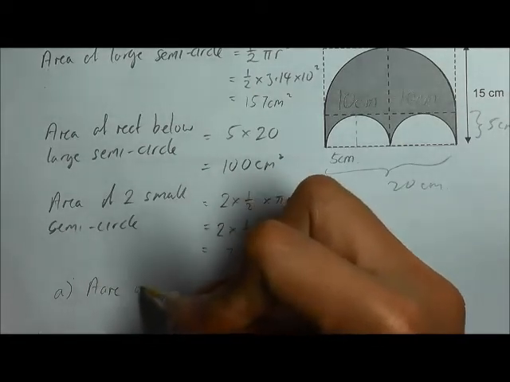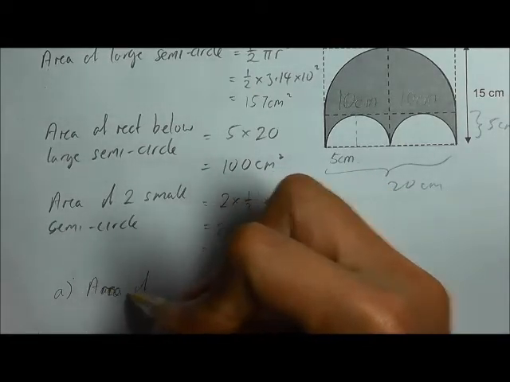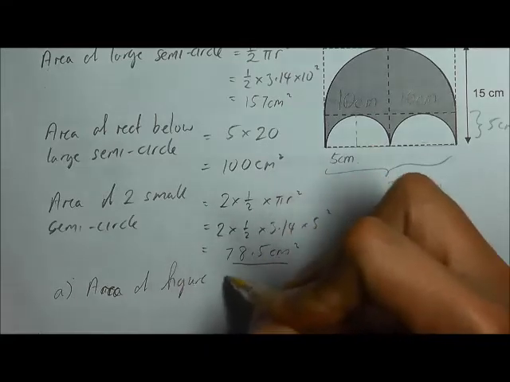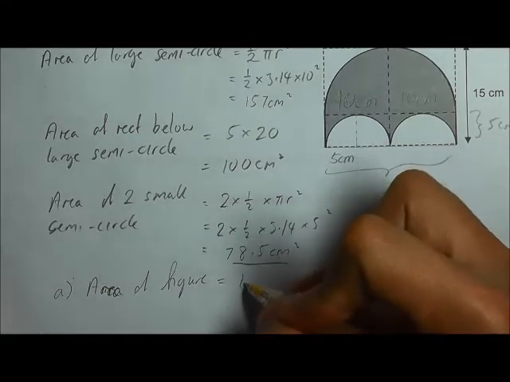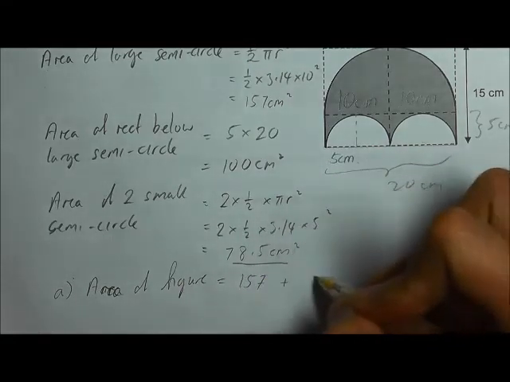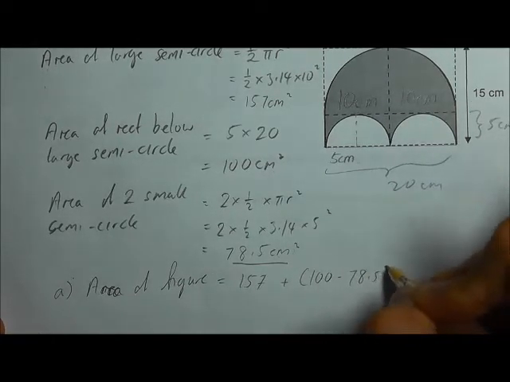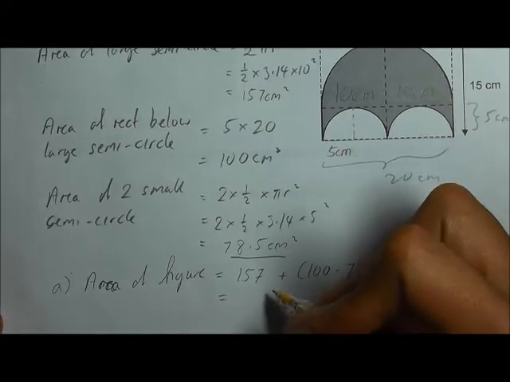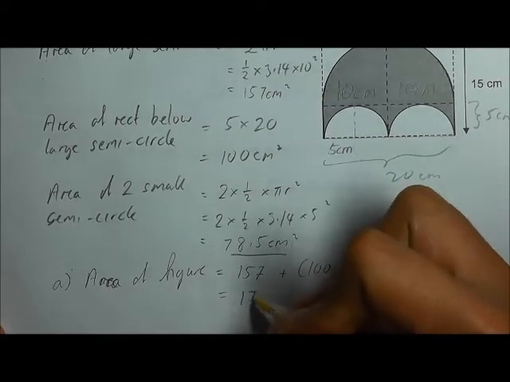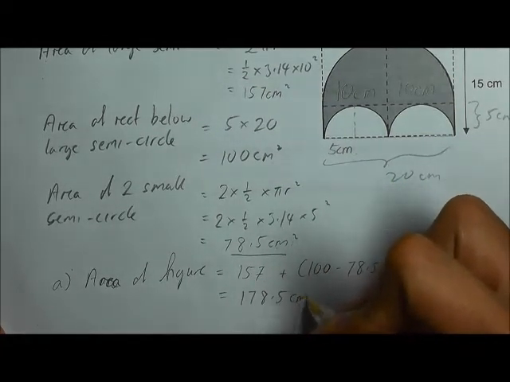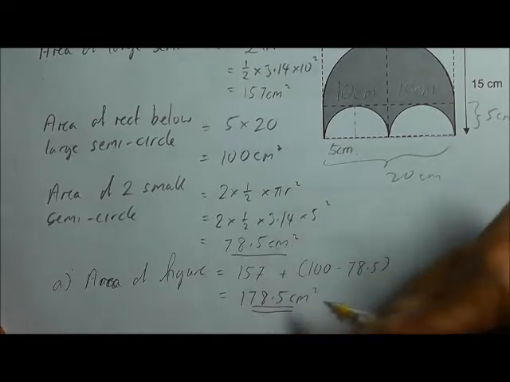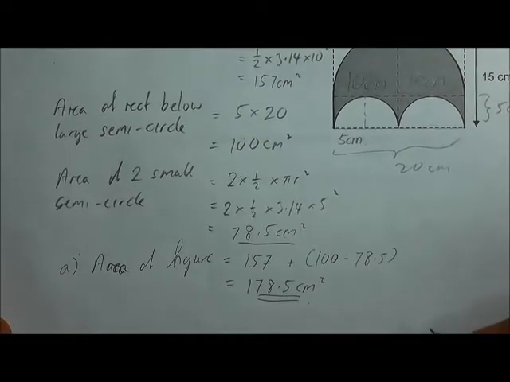Area of figure is equal to 157 plus 100 minus 78.5. With that, we will get 178.5 cm squared.